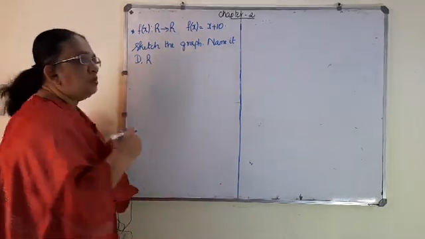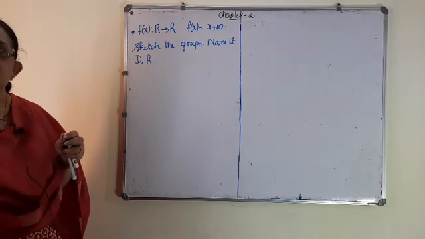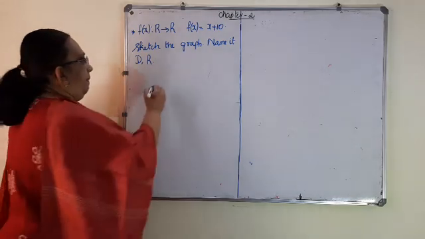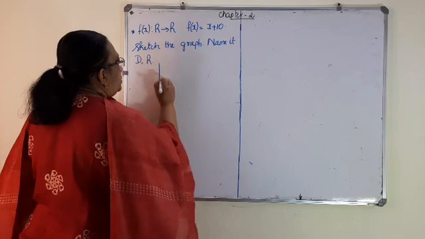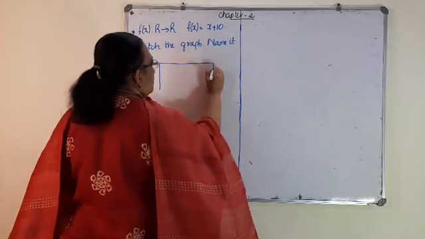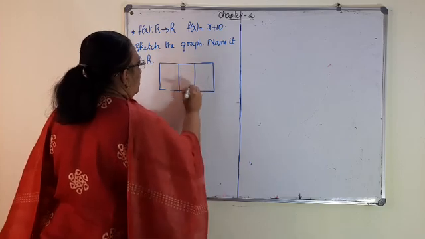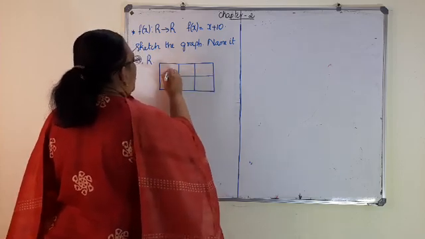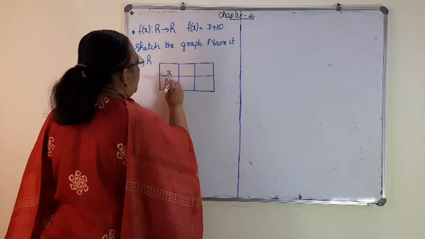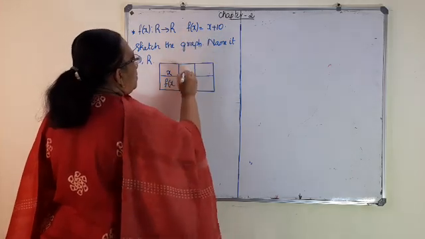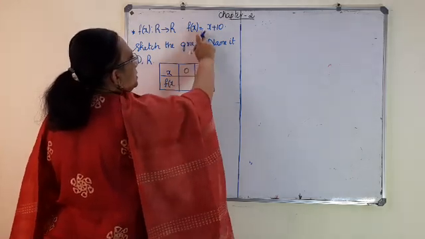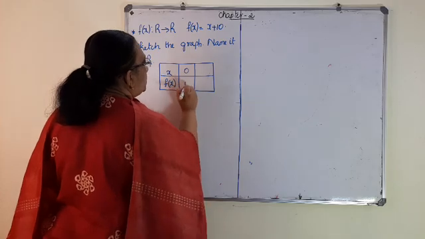Sketch the graph. So for sketching the graph, it is important to get points. So I am going to take the points. X values, f of x. When I put x is equal to 0, f of x is equal to 10.